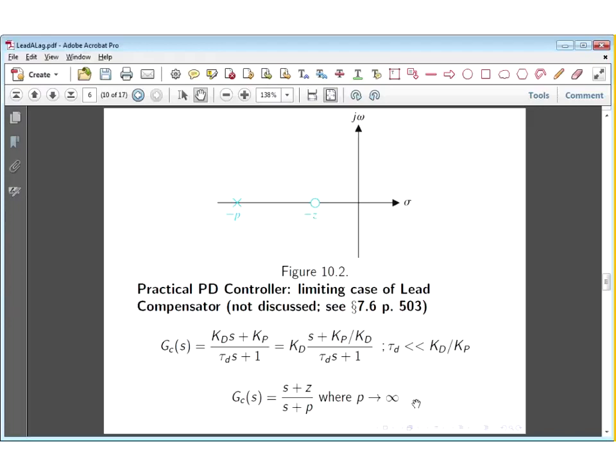All practical PD controllers, at least, can certainly be said to be phase lead compensators. Of course, not all phase lead compensators are PD controllers. That we cannot claim. In other words, if the pole is located infinitely far or very far to the left at a very large value compared to the zero, then we can say we have a PD controller.